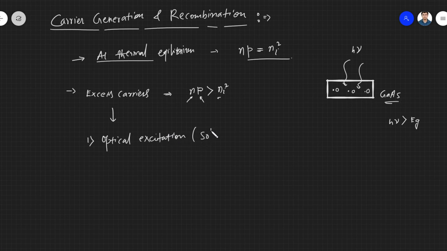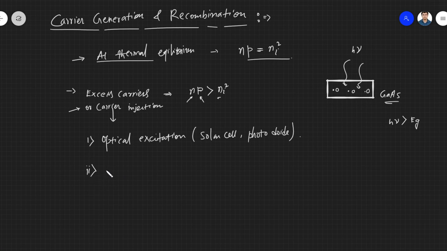For example, I gave the solar cell here. It could be a photodiode also. They work on these principles. Then there is another way of creating excess carriers, which is called carrier injection.